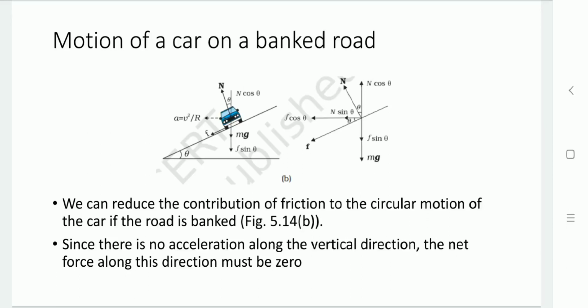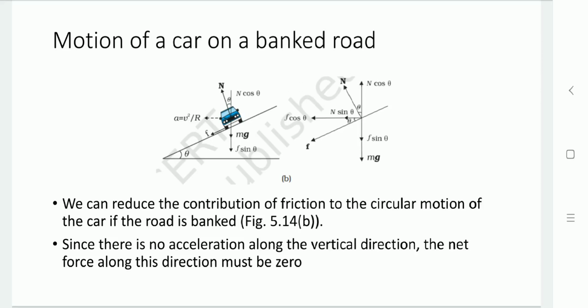Here the theta angle is between the vertical direction and N, which gives two components, N cos theta and N sin theta, as you can see in the diagram. The frictional force F again makes a theta angle with respect to the horizontal direction, and gives two components, F cos theta and F sin theta.